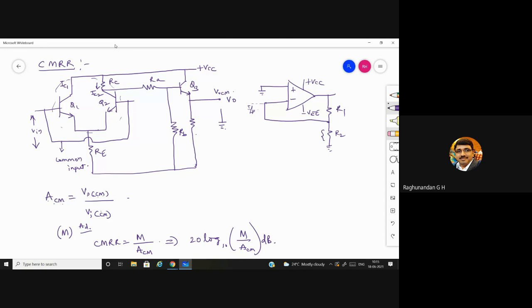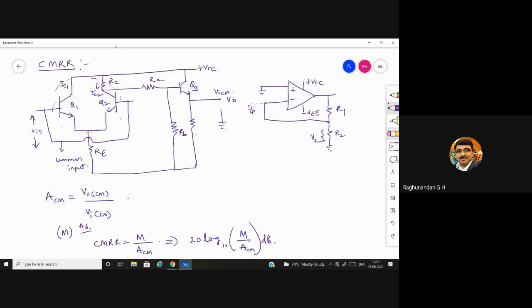Here the voltage across R2 is V2. This voltage acts as the compensating voltage for the op-amp. Compensating voltage means the voltage needed to cancel the offset voltage, which is obtained because of some noise getting added from the power supply.